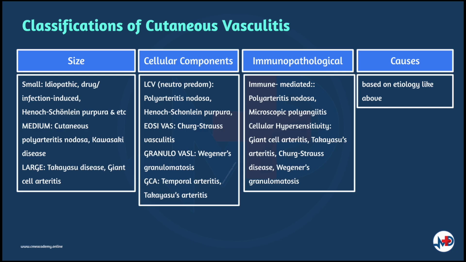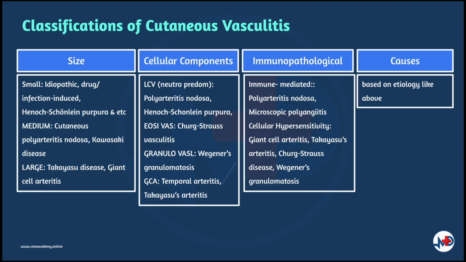Lymphocytic vasculitis would include lupus erythematosus, lymphoma, and pityriasis lichenoides, whereas eosinophilic vasculitis is like Churg-Strauss vasculitis. Examples of granulomatous vasculitis would be Wegener's granulomatosis and Churg-Strauss vasculitis, whereas giant cell arteritis would include temporal and Takayasu arteritis.